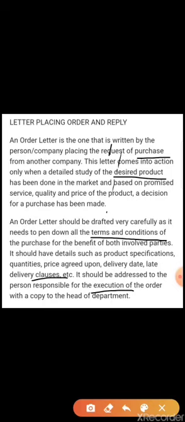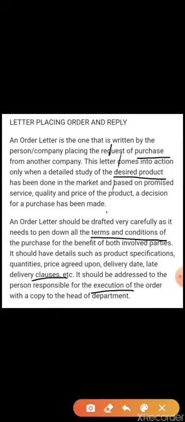This letter should be addressed to that person who will be responsible for the execution, जो वहाँ से उस ऑर्डर को भेजेगा, उस ऑर्डर को भेजने के लिए मेनली रिस्पॉन्सिबल होगा, उसी को हमें ये लेटर लिखना चाहिए, उसी का एड्रेस इस लेटर पे होना चाहिए, with a copy to the head of the department, और जो हेड ऑफ द डिपार्टमेंट को भी रिपोर्ट करेगा इस बारे में. So this is why we write a letter of placing an order, and this is how we should write.